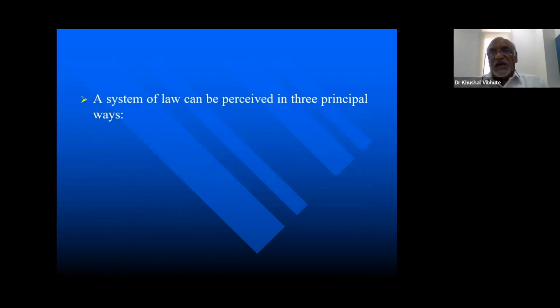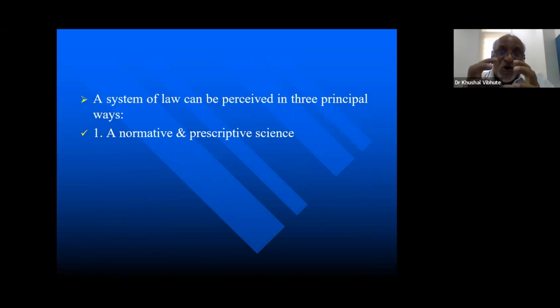Now, law can be seen as a normative science, a normative prescriptive science. When you look at law from this perspective, what are the legal facts which you can think of for inquiry? What are the legal facts which you can think of for undertaking systematic scientific inquiry?